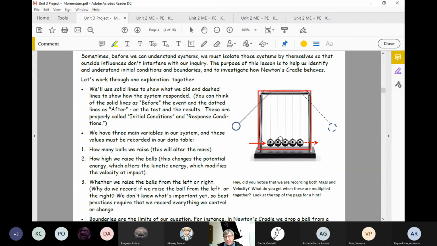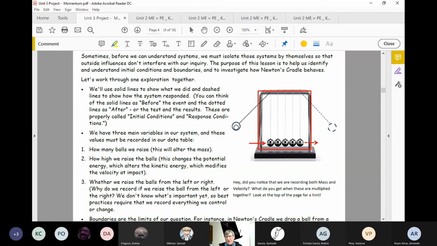They were just sitting there minding their own business until we came along and applied a force to this one and dropped it. And that velocity coming in is what's shown by this vector arrow right here. So the velocity coming in is the beginning of the system that we're studying. The velocity going out is the continuation. And you can see that these two arrows are about the same length.